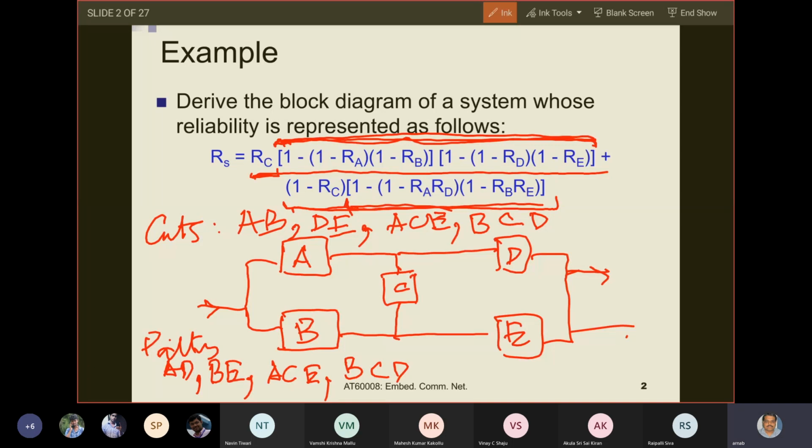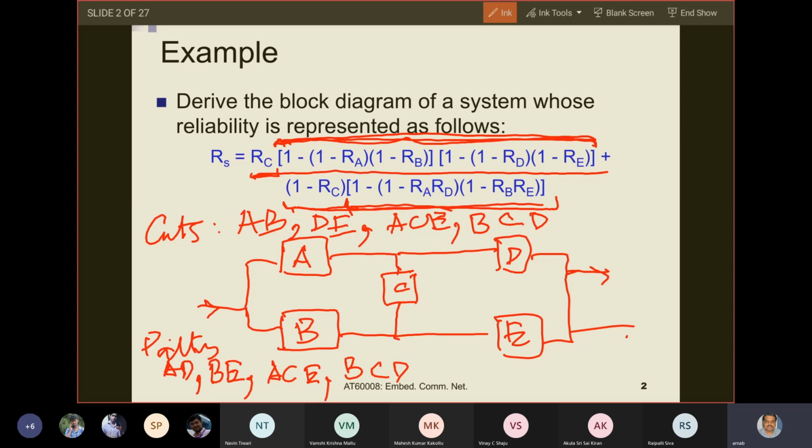We found out the reliability of an individual cut. For example, for AB, we found 1 minus of 1 minus RA into 1 minus RB. This was the reliability of this cut AB. Similarly, we will find out the reliabilities of the other cuts.